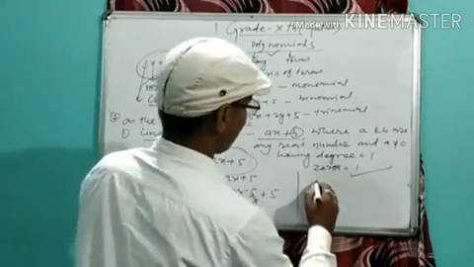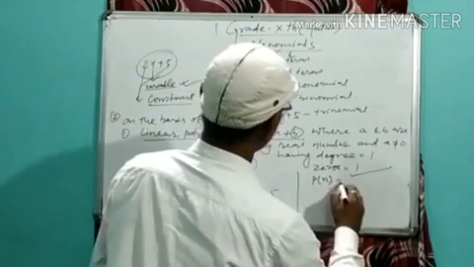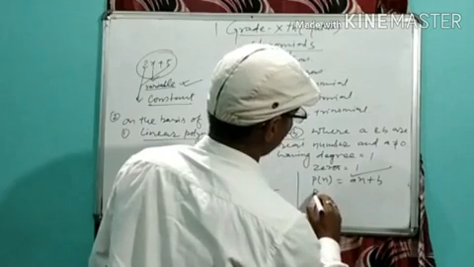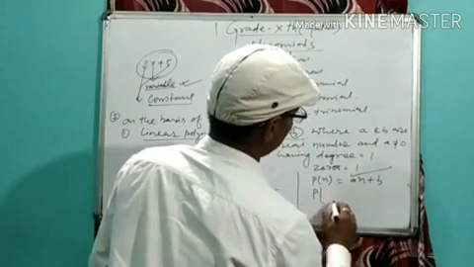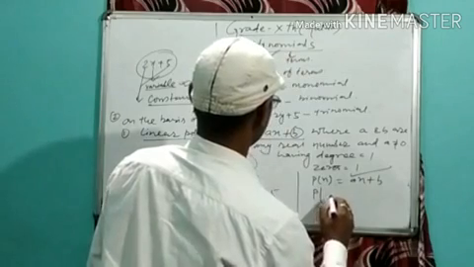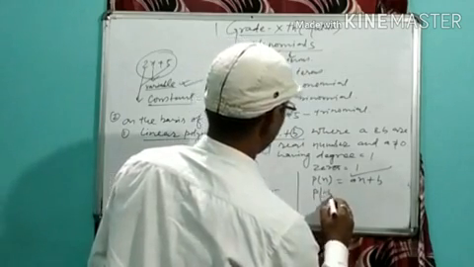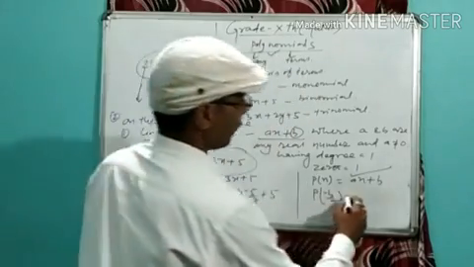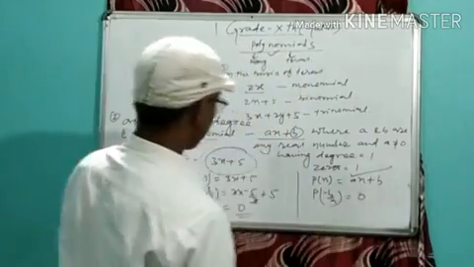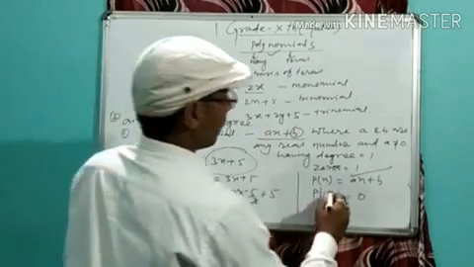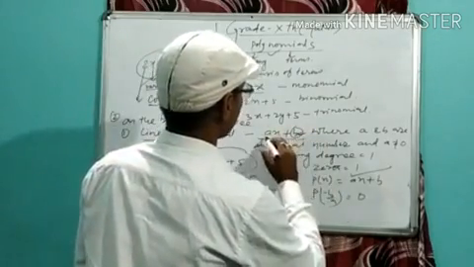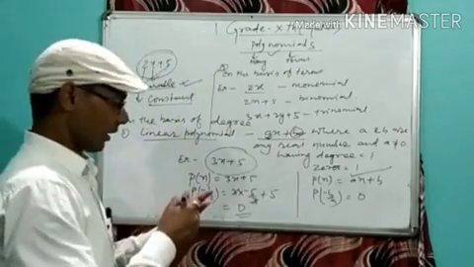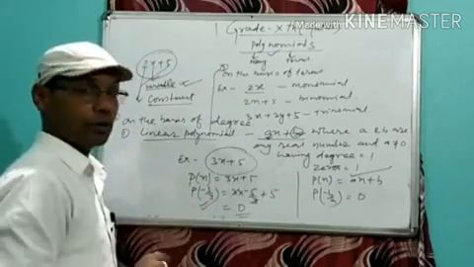On the basis of this, we can write p(x) is equal to ax plus b. Therefore p of minus b by a is equal to 0. It means this is the constant term, this is the coefficient of x.